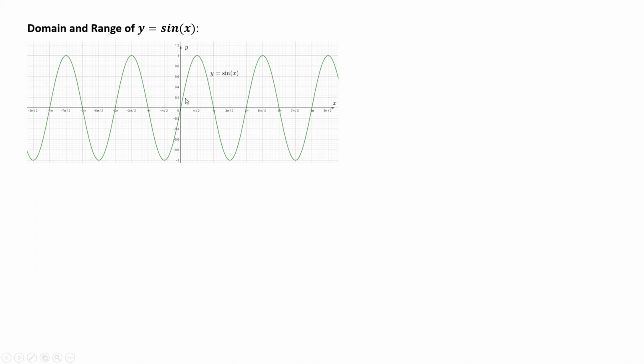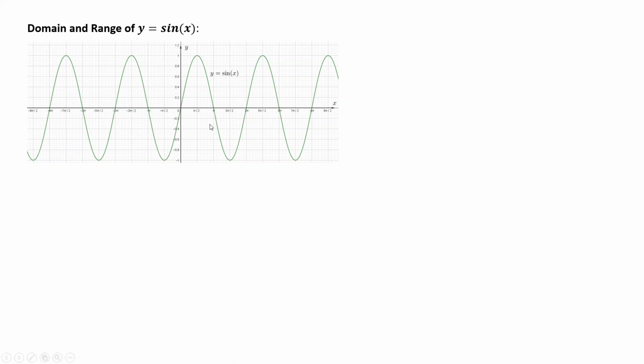Okay, is 0.1 in the domain? Sine of 0.1. Can I find sine of 0.1? Well, if you have a calculator, you can plug that in. Or this graph actually tells you that if you want sine of 0.1, go to an x value of 0.1 and draw a vertical line, see where it cuts the graph, and that y value is sine of 0.1.